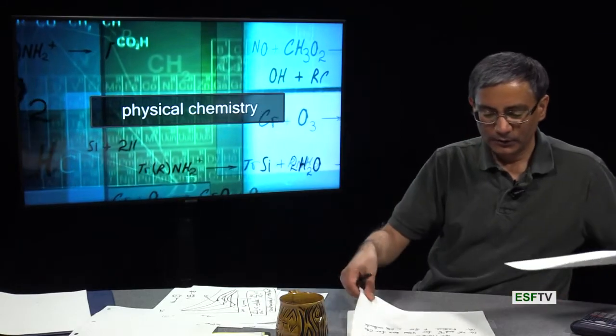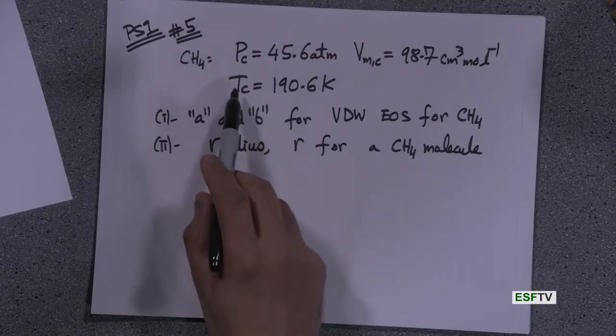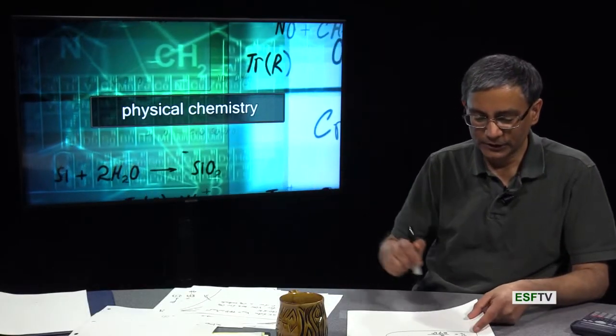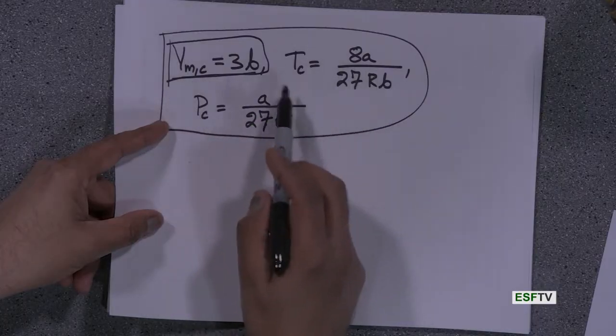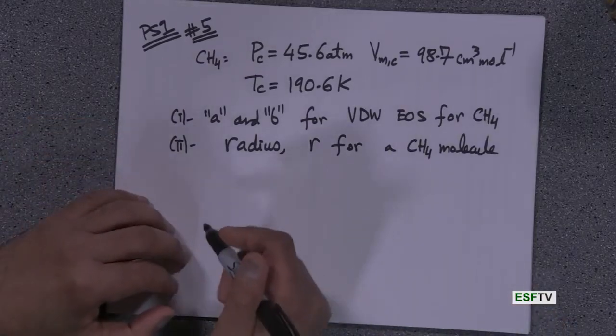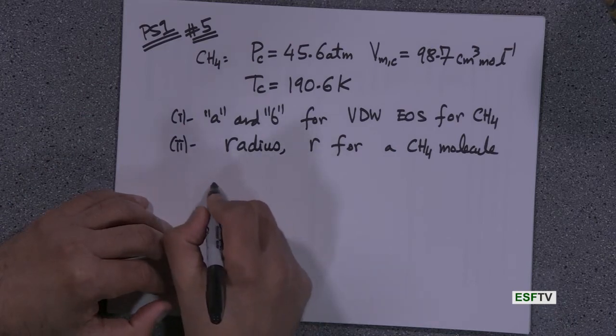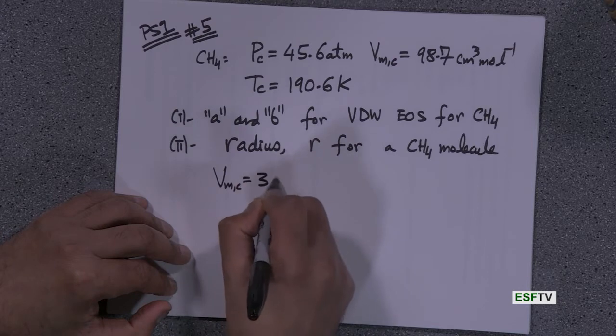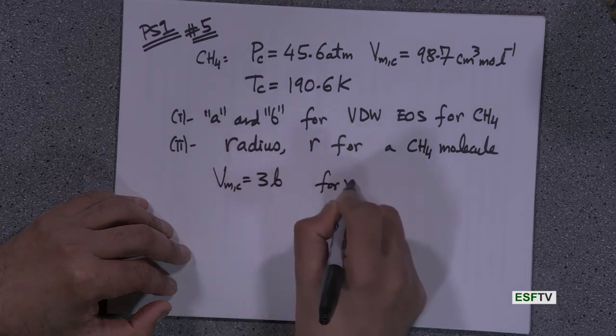Here we are given critical pressure, temperature and V molar. These equations tell us if we are given these, we can calculate A and B. So let's see. We have 3 equations. I want to keep my life simple. I will simply use the fact we are told V molar critical equals 3 times B for the van der Waals equation of state.